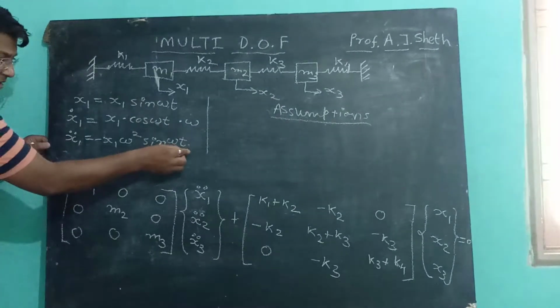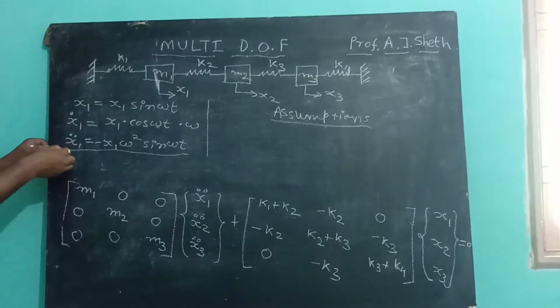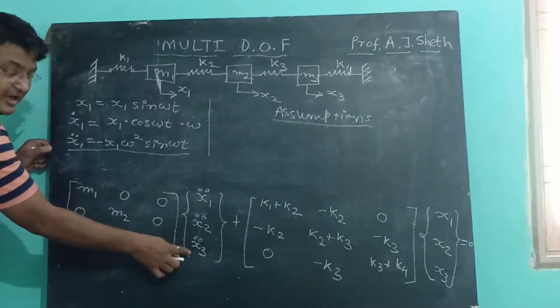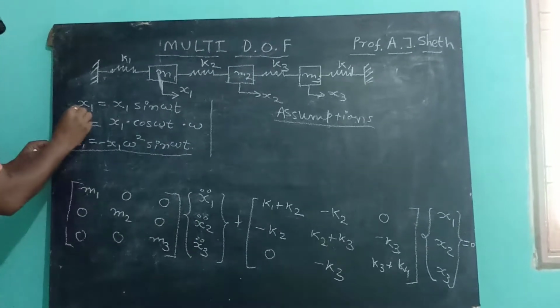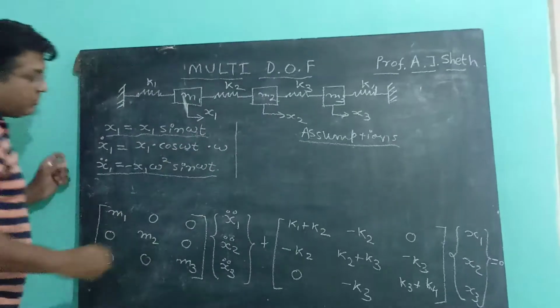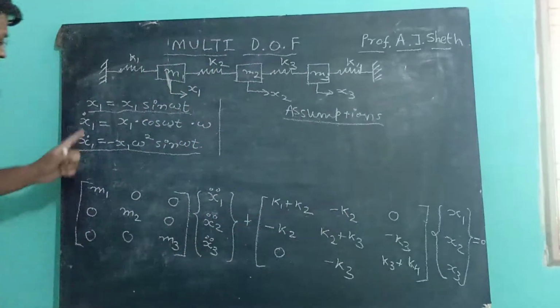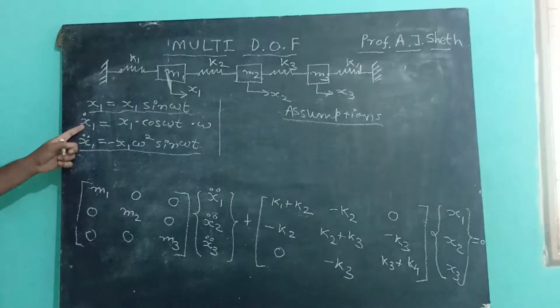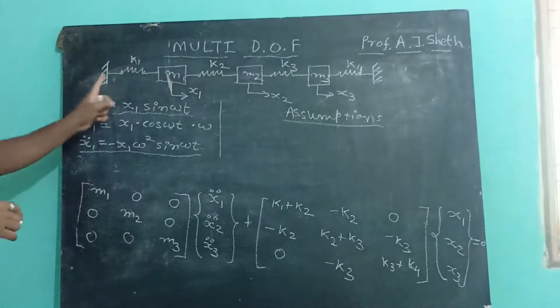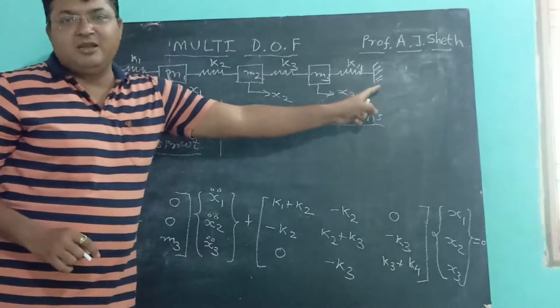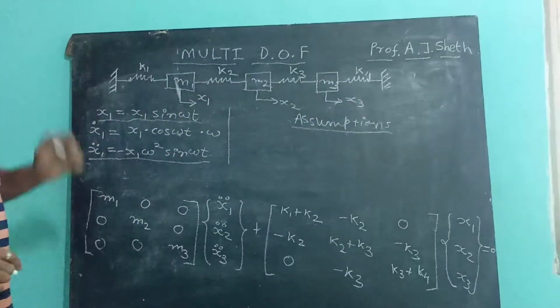Now, the acceleration value is important for us because acceleration is there in a column vector, and displacement is also important because it is to be used here. We are not going to deal with the velocity because damping is nowhere available in our system.